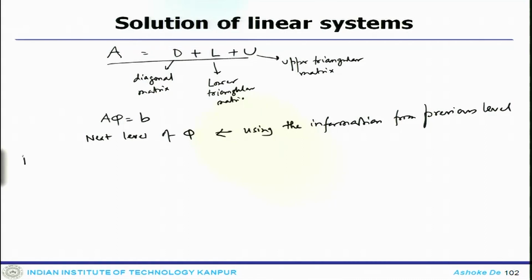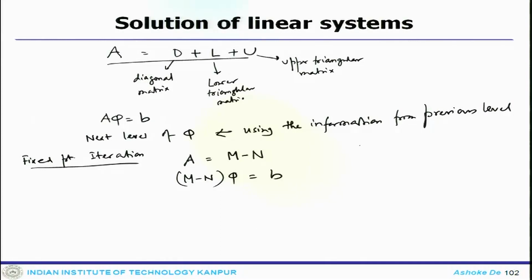Now if you talk about fixed point iteration, the matrix A can be decomposed as M minus N. So M minus N times phi would be B, because my original system is A phi equals B. If you use these two pieces of information, this becomes that.